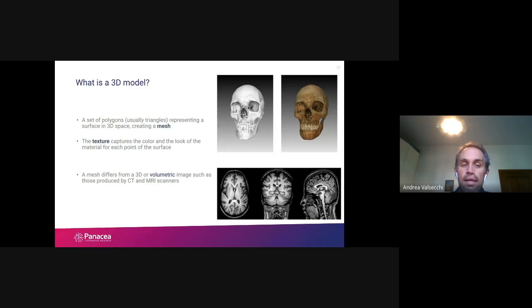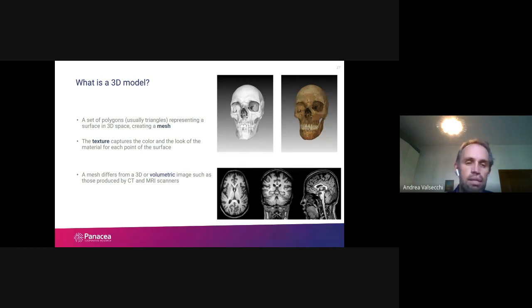Well, there are two kinds of 3D images. The ones that we see at the bottom are called volumetric images. These are usually acquired in the medical context, and the one I'm showing you comes from a CT scan.